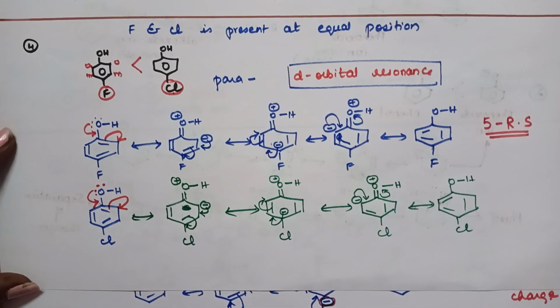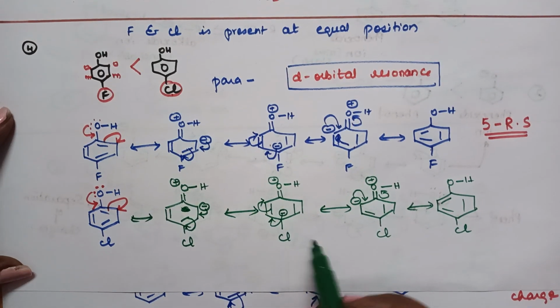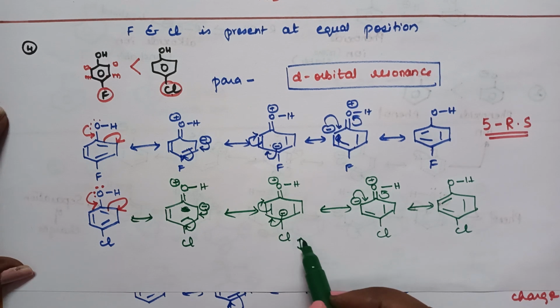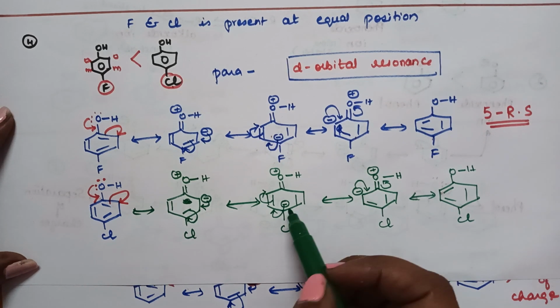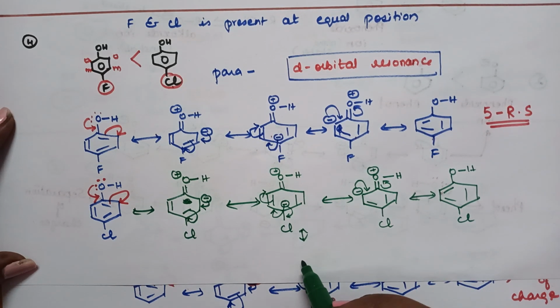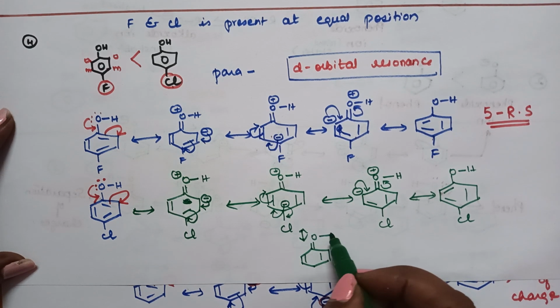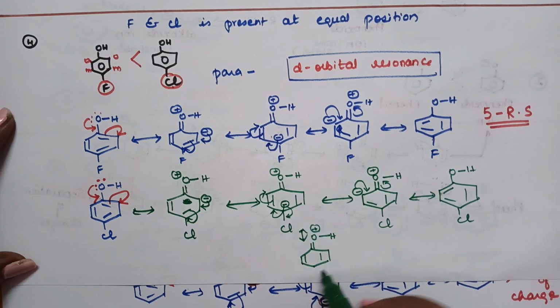So now students, chlorine will be having d orbital. Because of this, one more extra resonance structure you will get. So one more resonance structure you can write for this is, this negative sign can also shift here. So you will be getting, and here double bond Cl negative sign.